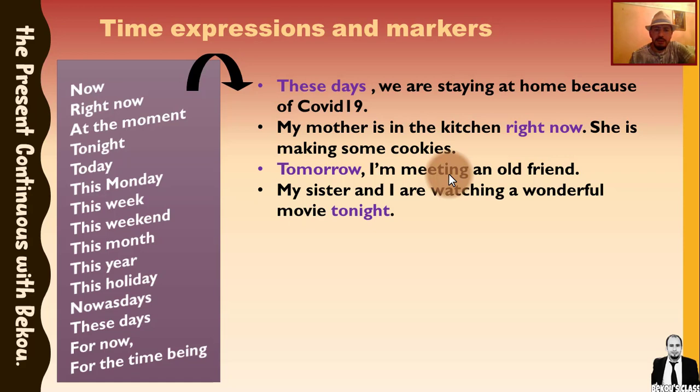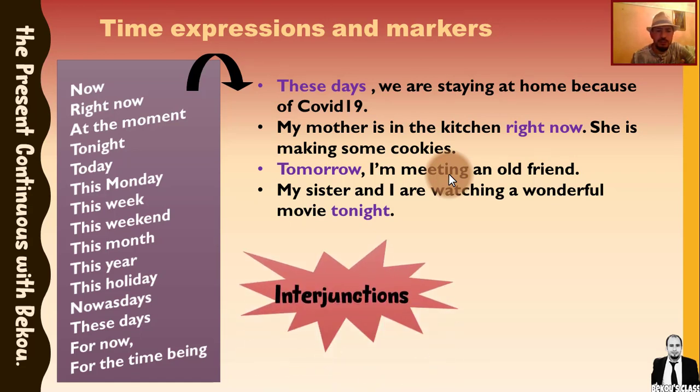Okay, we not only use these expressions, but also in speaking we use certain interjections. Whenever we use these interjections, we address the person we are talking to, and we use the present continuous when we say, for example, shh, something is going on.